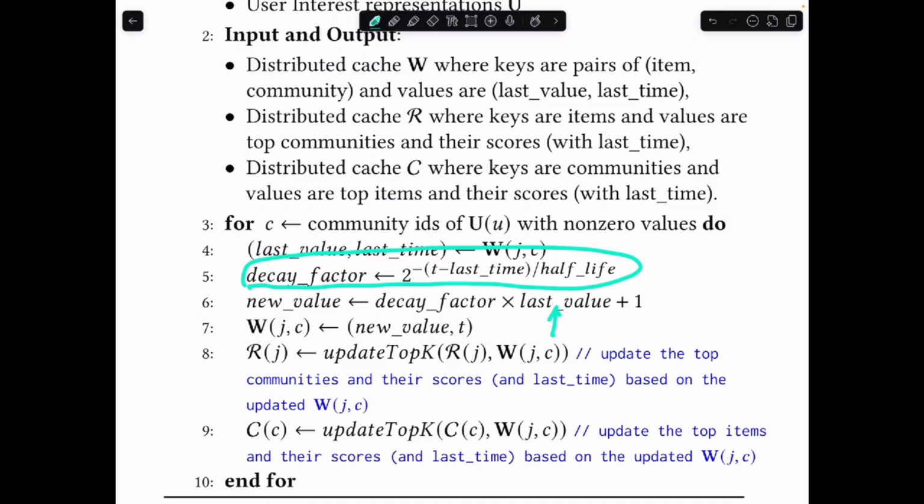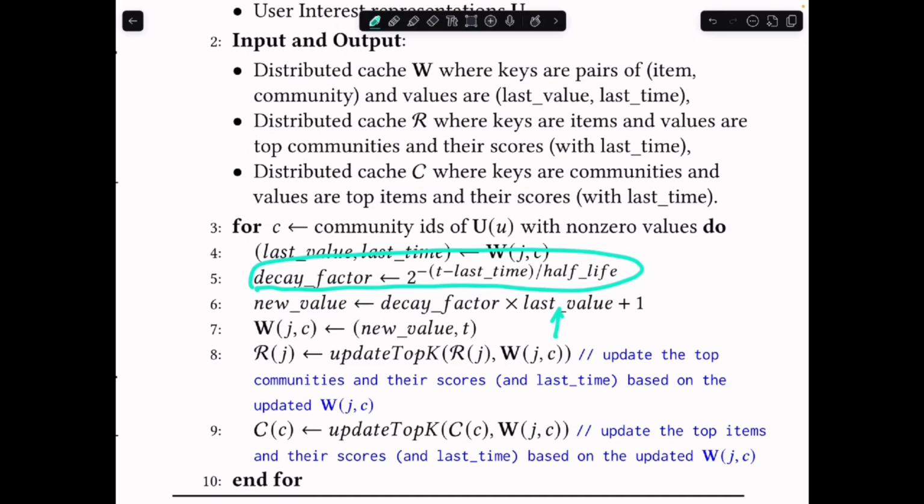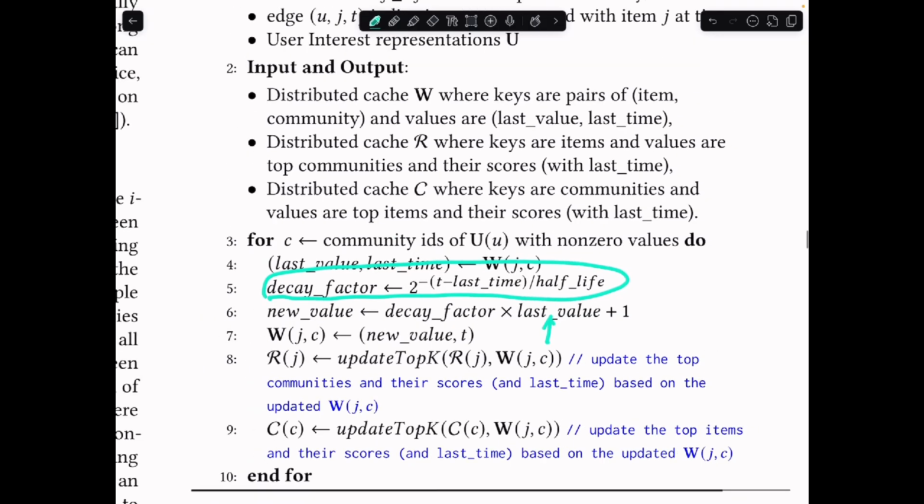But for user recommendation or creator recommendation, those things rarely change or change more slowly, so they will have a bigger half-life. That means a bigger decay factor, and we preserve the last value even though it can be an older value. So with this decay factor, you cannot just keep adding on top of the previous value to get your new value. The design here is able to suit the Flink-style streaming fashion so that you can keep updating the embedding representations of your items.